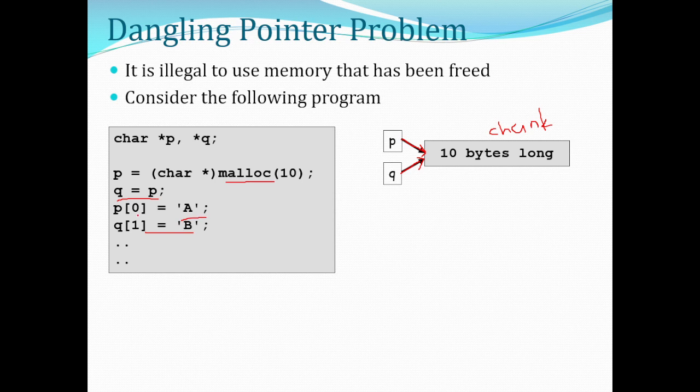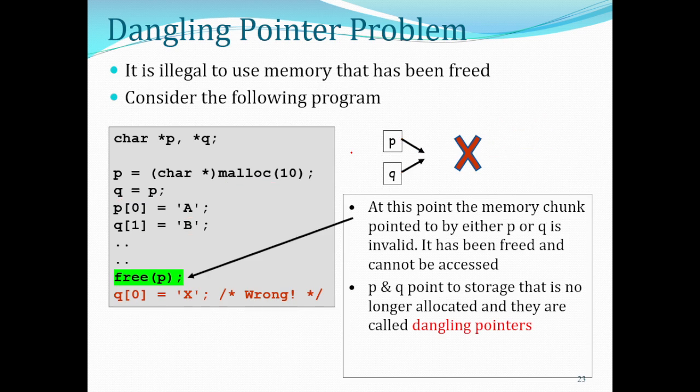Remember, pointers are always used in dynamic memory, so that's why we learn pointers first. And then right now I'm writing A here and then B here, whatever. I'm using this space because it's allocated for me. What happens if I free pointer p, which means I free that chunk, give it back to the operating system.